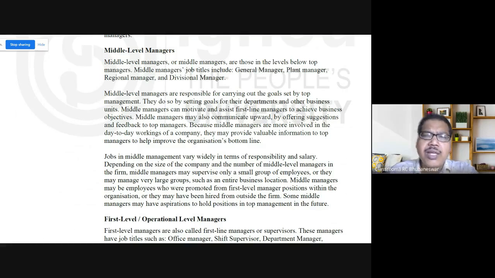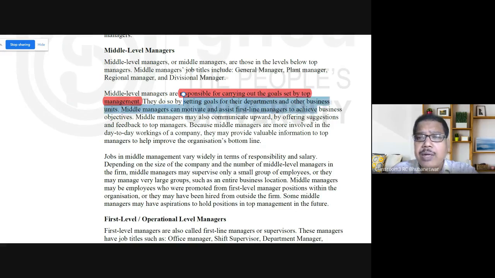Normally, responsibility is given based on some requirement, and we have to meet that. Setting the goals for their department and other business units can be part of the requirement, and this can be met by the middle level managers.